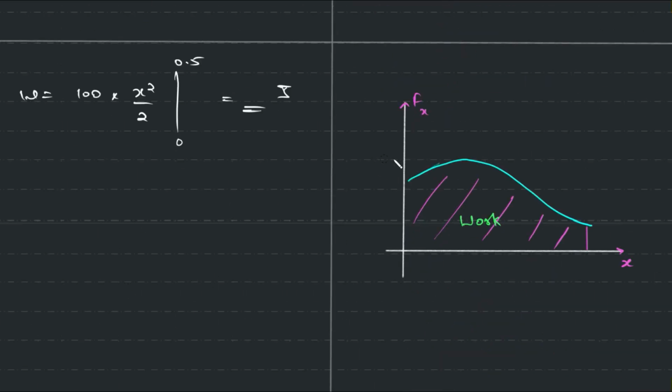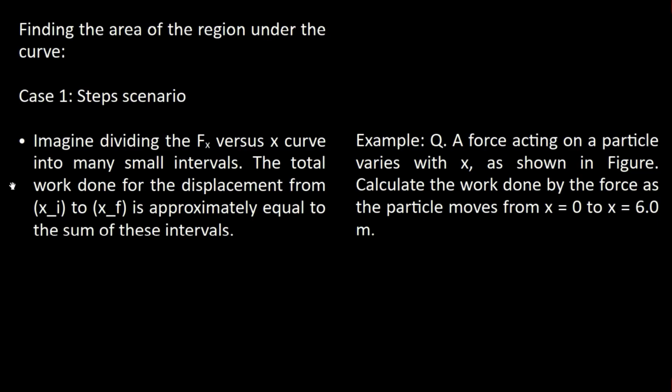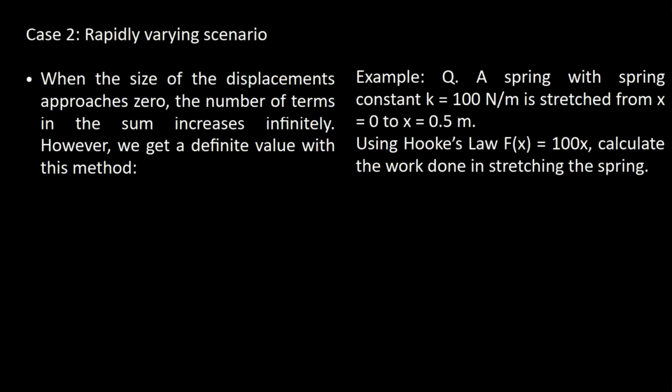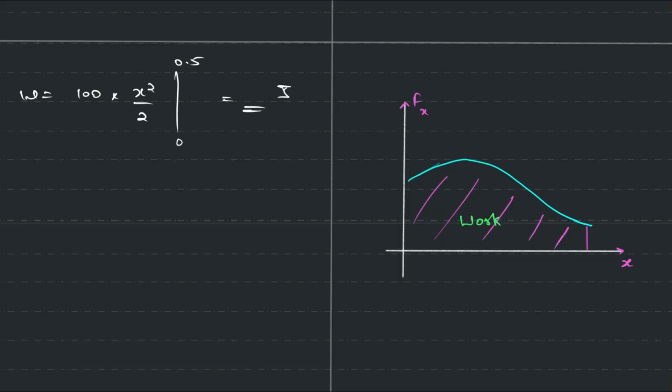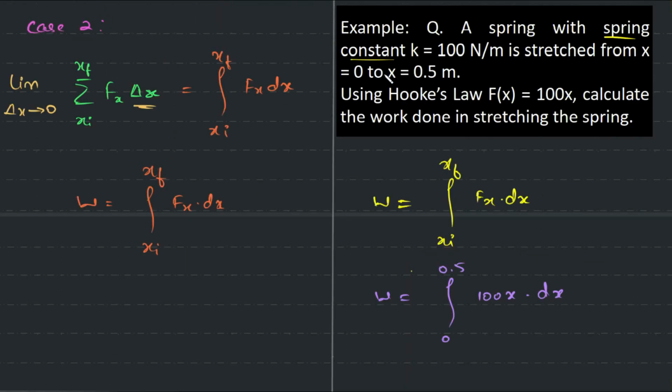The force can vary rapidly, and for such cases we make use of limits and the idea of summation, so we get integration. You will always have some expression for force in terms of displacement, which you substitute and solve to get the work done.